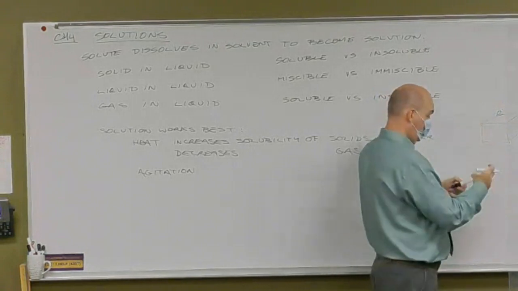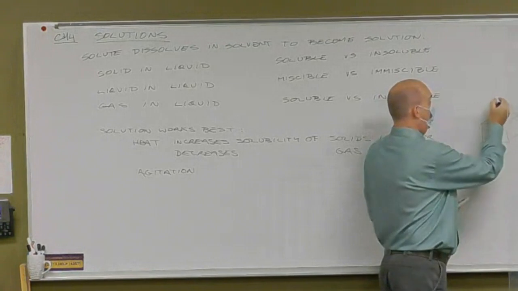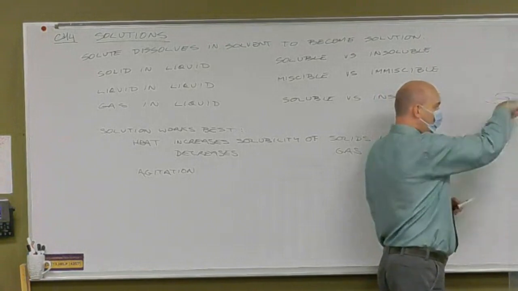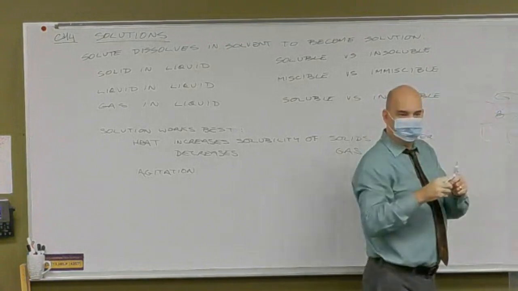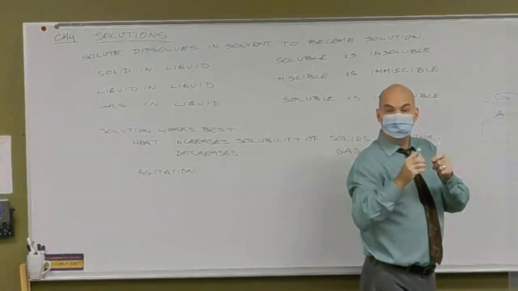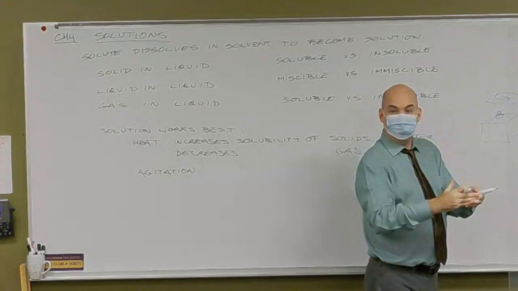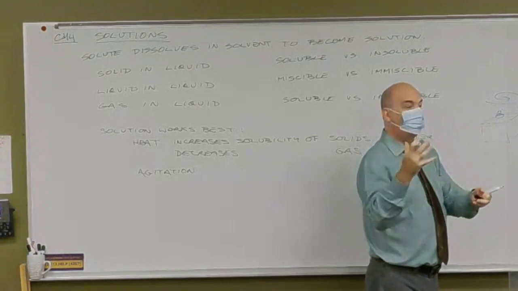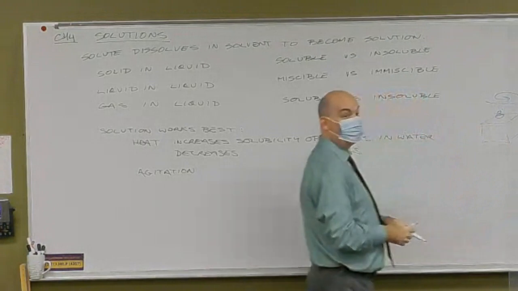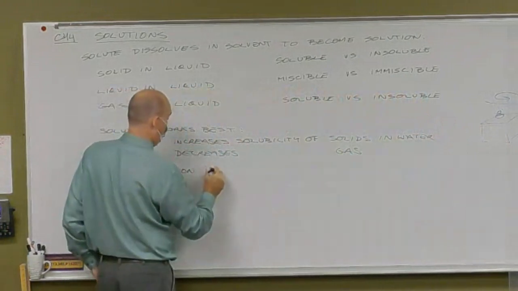What it needs to see is more liquid. And we do that by mixing the whole thing up. So the solid can only be dissolved at the surface. It dissolves, and then you mix it, and you give more fresh liquid to the surface, and then it dissolves, and then you mix.